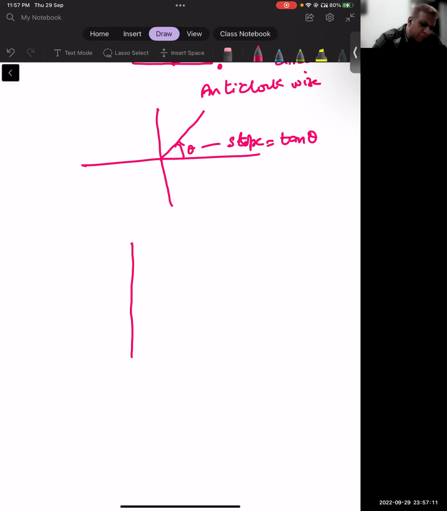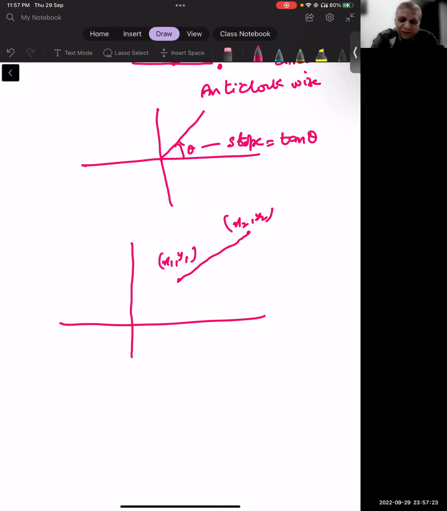Suppose this is a graph paper and there are two points. One point is x1, y1, and the other point is x2, y2. This is the line. But what I told you, slope is the angle made by a line with the positive direction of x-axis.